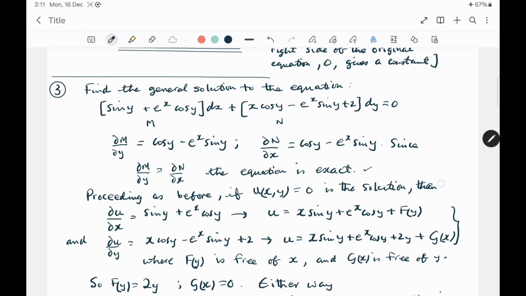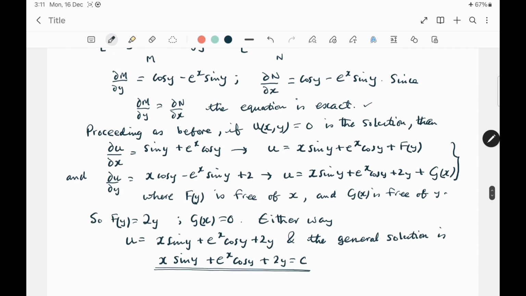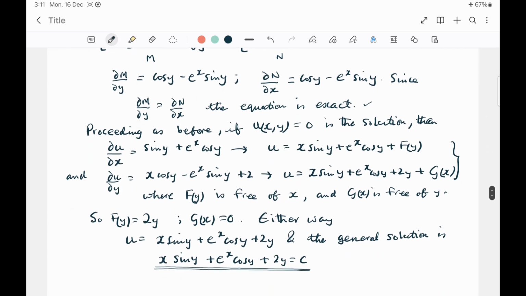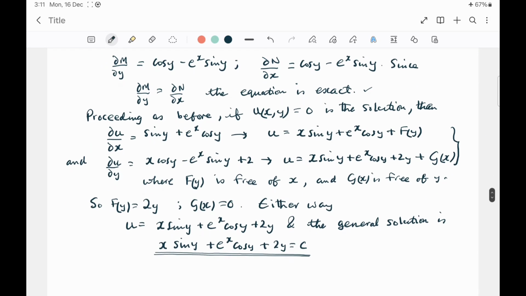Okay, so proceeding as before, if u(x,y) is the solution, then partial du/dx will be sin y plus e to the x cos y. That's the M part. And integrating with respect to x, you get x sin y plus e to the x cos y plus f of y.